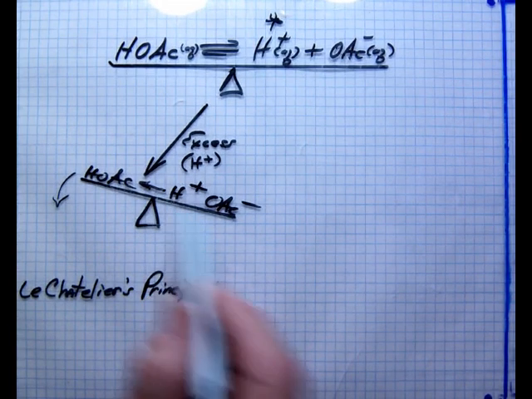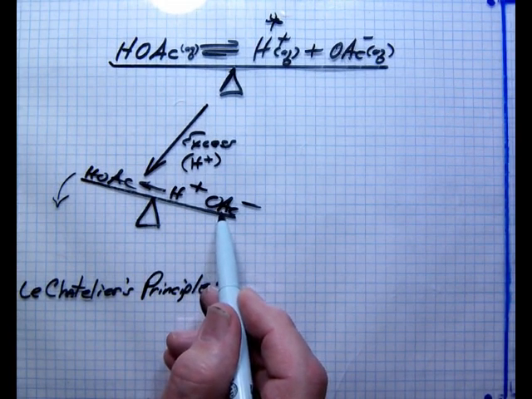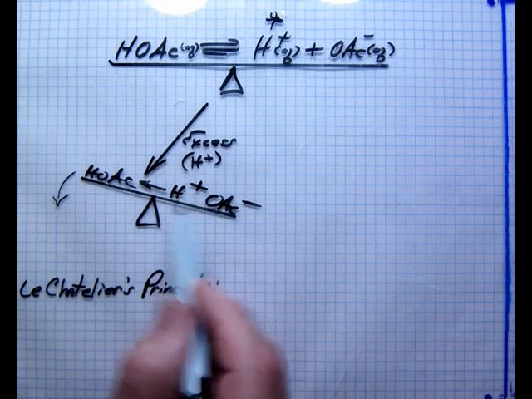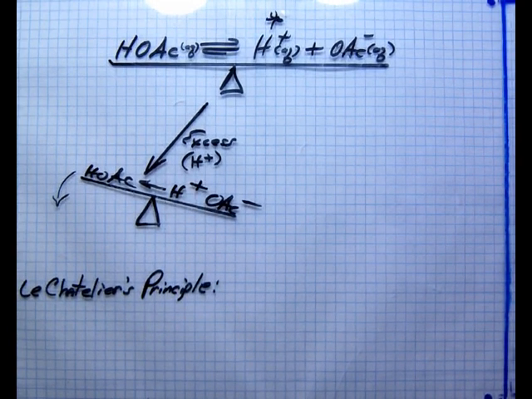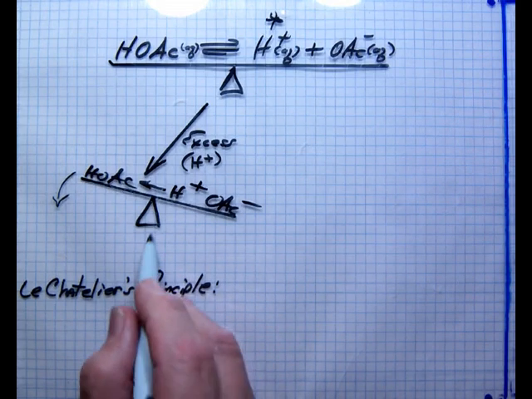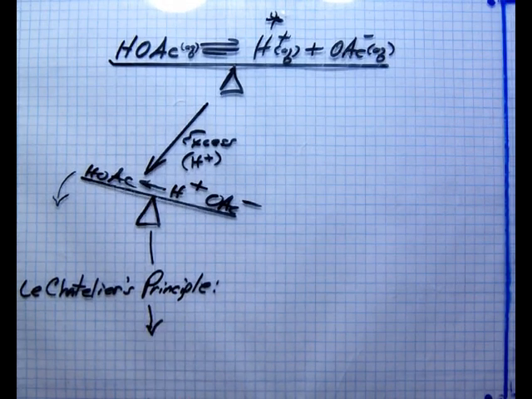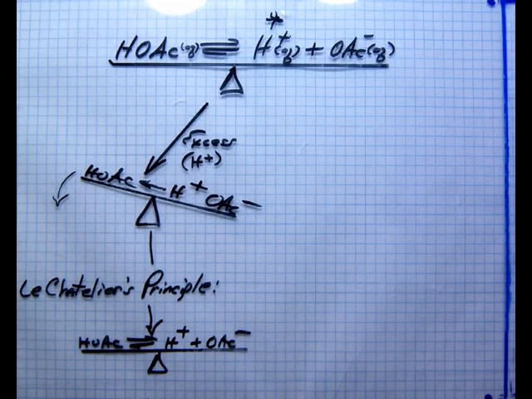So hydrogen will combine with OAc, and it'll continue to combine with OAc until it takes out the excess, right there. And we'll go through Le Chatelier here, and then you establish a new equilibrium.